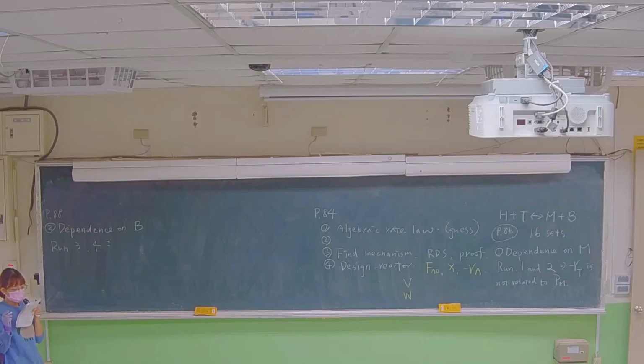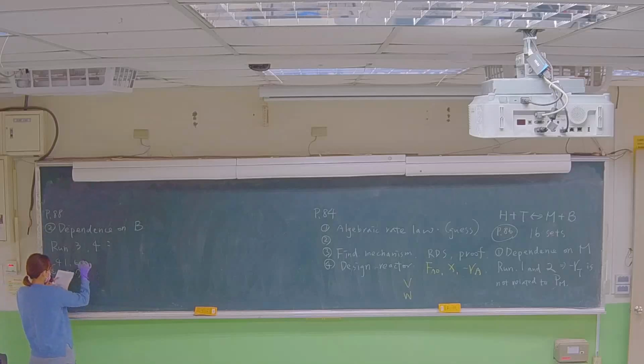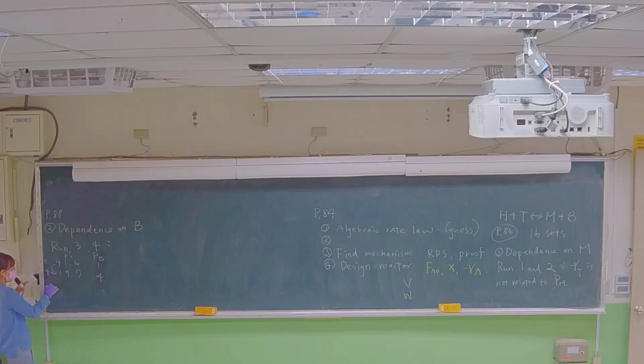Okay, so you can see when PB increases from 1 to 4, minus RT prime decreases from 41.6 to 19.7, right? That is set 3 and set 4. Okay, go to the table, set 3 and set 4.